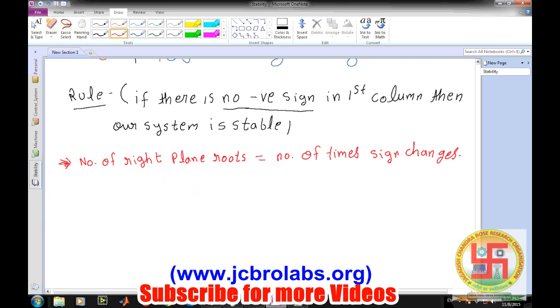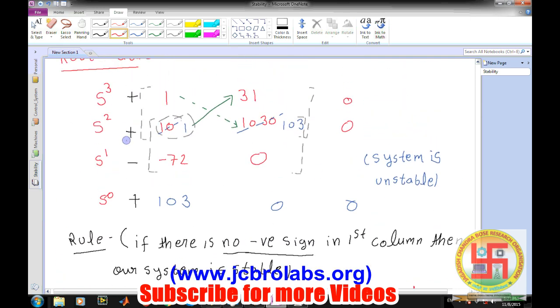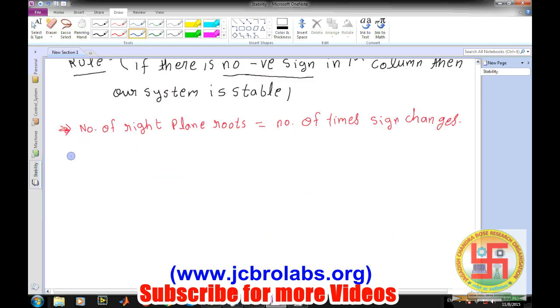So we are interested in the number of times this sign is changing. One time it goes from positive to negative, that is one sign change, then it changes from negative to positive, that is the second sign change. So there are two sign changes in this equation. That means 2 roots are on the right side of the S plane.